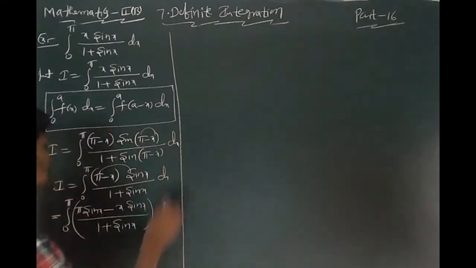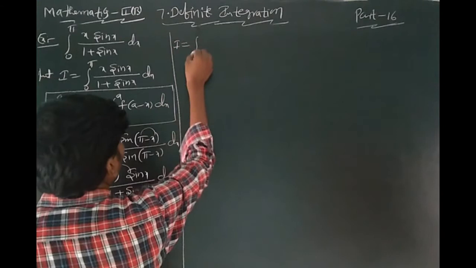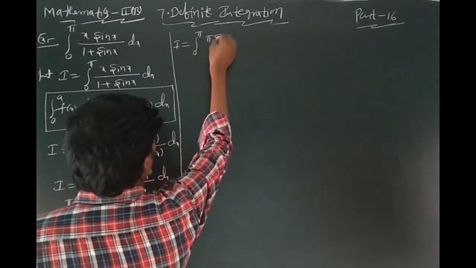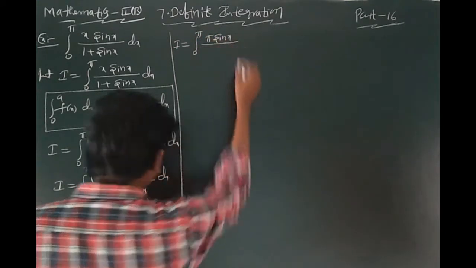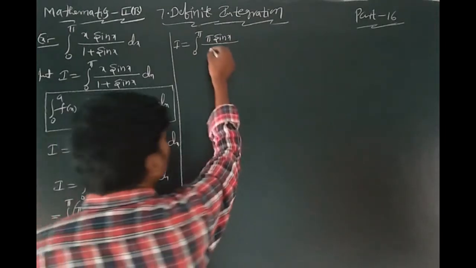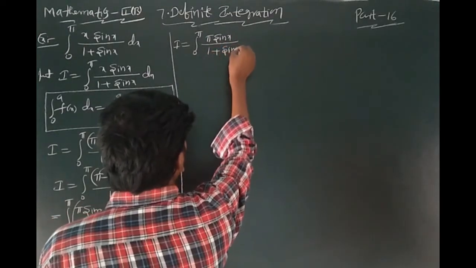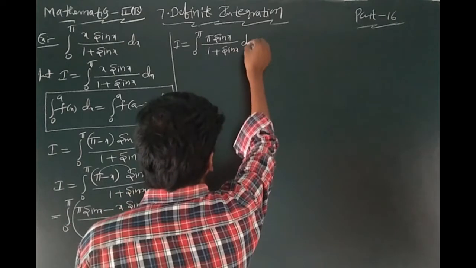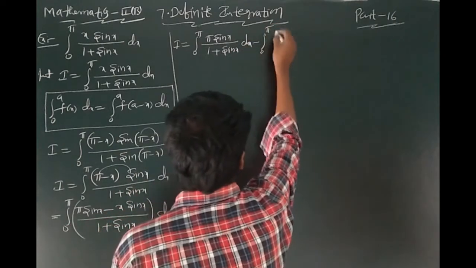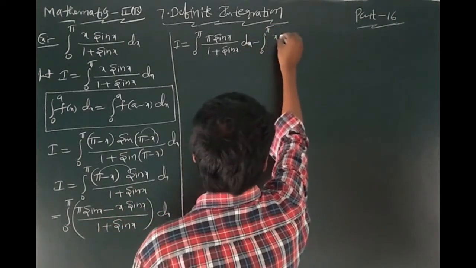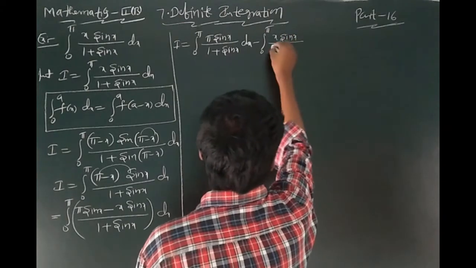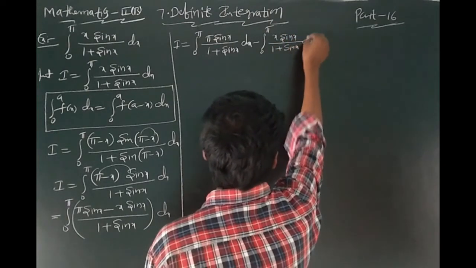What is the first term? Integral 0 to pi of pi sin x by 1 plus sin x dx, minus integral 0 to pi of x sin x by 1 plus sin x dx.